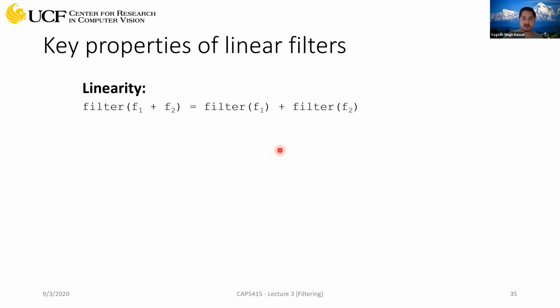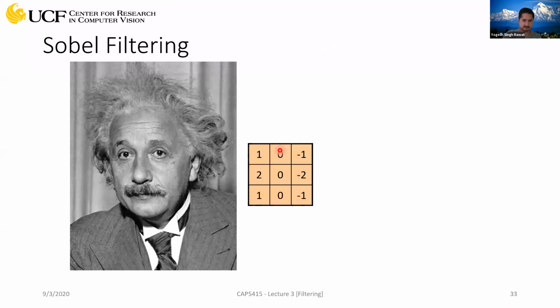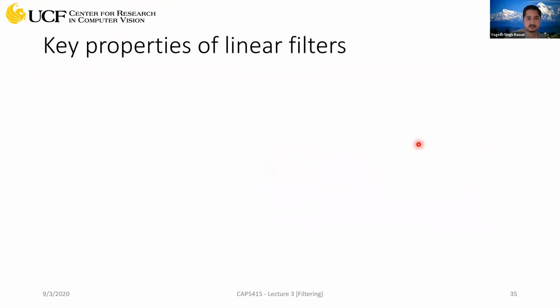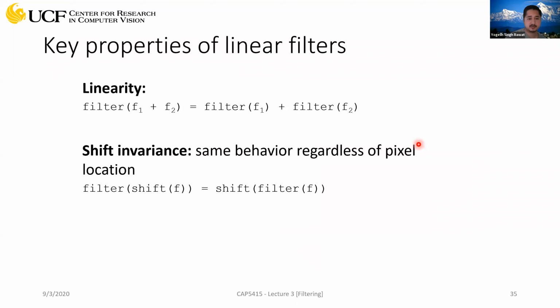So for that particular case, if you had applied the intensity increasing filter first, so let me go to that slide. All right. If you had applied this filter first on this image, this will just increase the intensities of all the pixel values. And then you can apply this box filter on the same image and then do this operation. The result will be the same. So that's one nice linearity property.